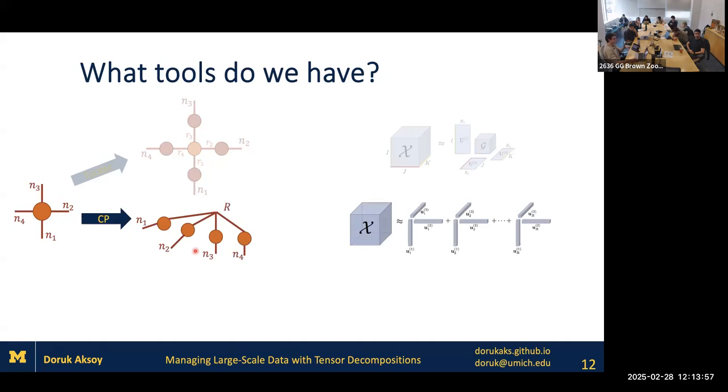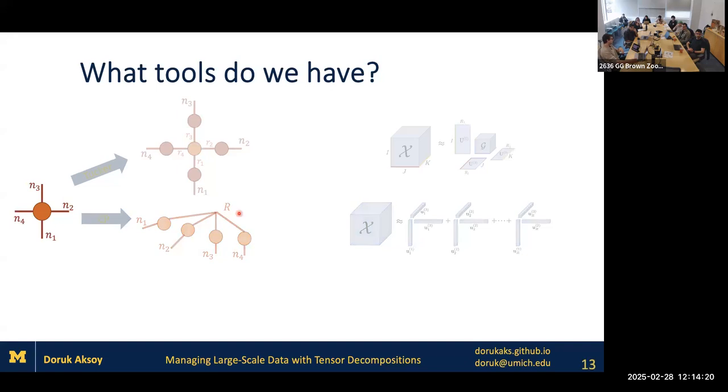The drawback of CP decomposition is that you need a good guess of the tensor rank R, and finding the tensor rank is an NP-hard problem. So you need to be either very lucky with how you approximate the rank, or over-approximate to be on the safer side.